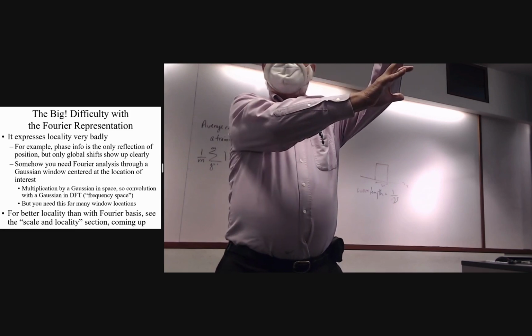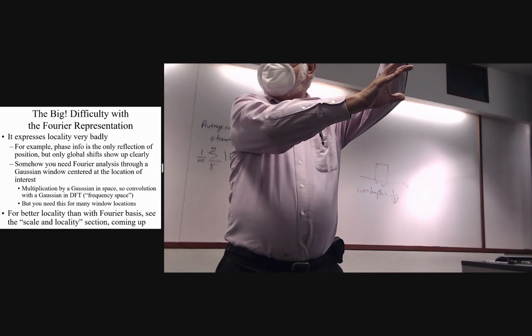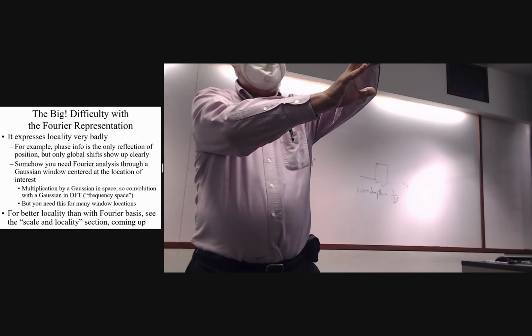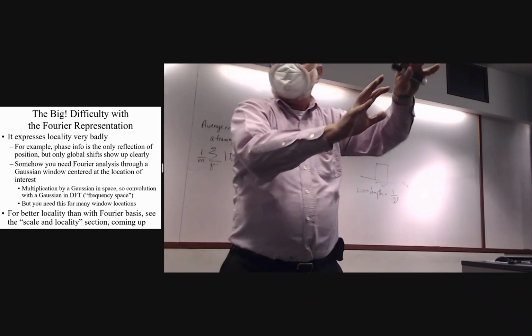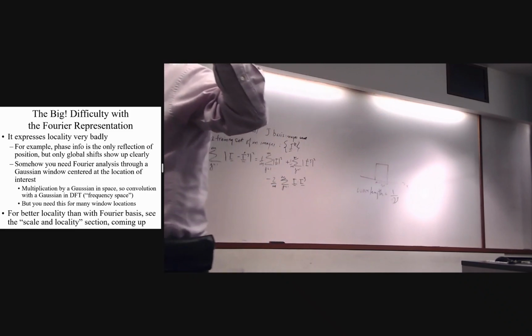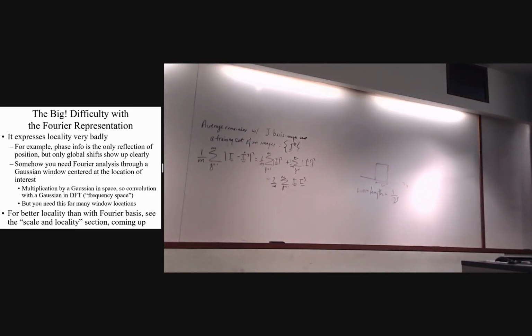You have magnitude and phase after you apply the DFT of image A, and magnitude and phase of image B. Now take the magnitude of A and put it together with the phase of B, and do your inverse Fourier transform. And take the magnitude of B and put it with the phase of A. And you get garbled images, you'll see.